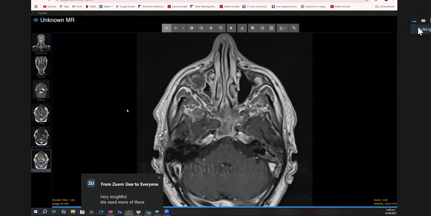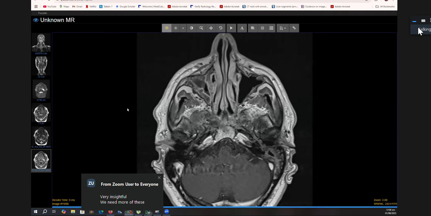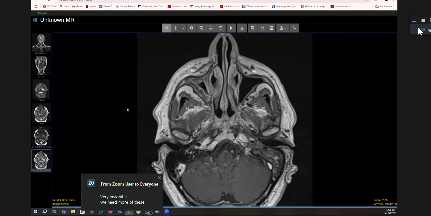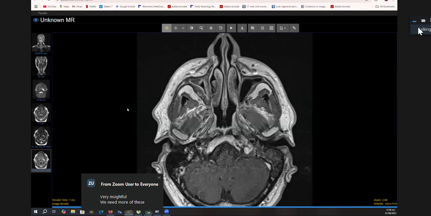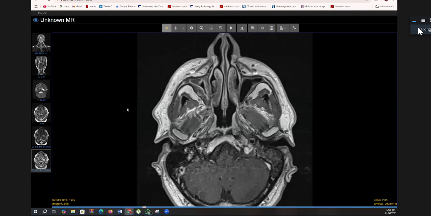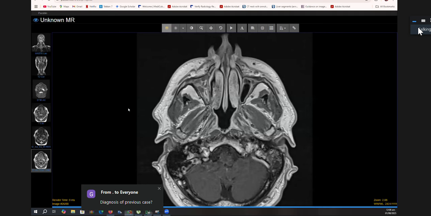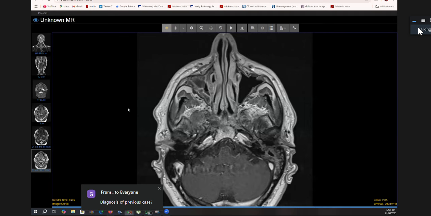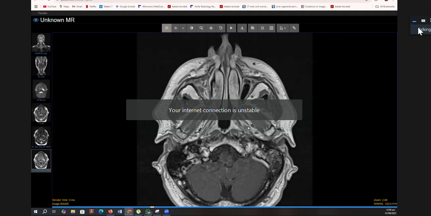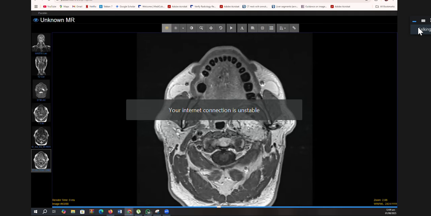I'll scroll down and look at the skull base. Keep going, keep going. Stop.